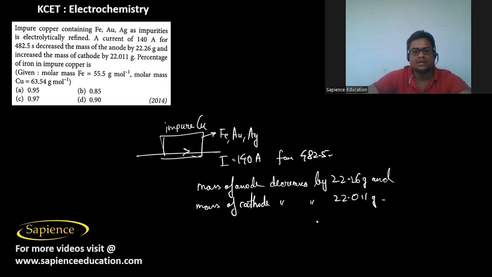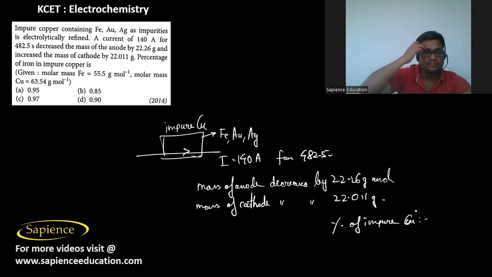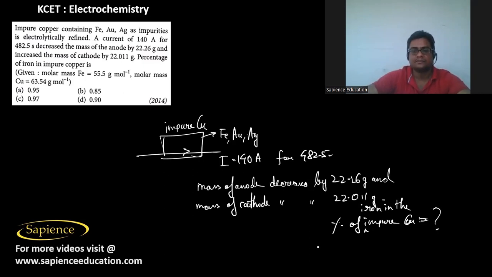Then the percentage of iron in the impure copper is what you have to find out.